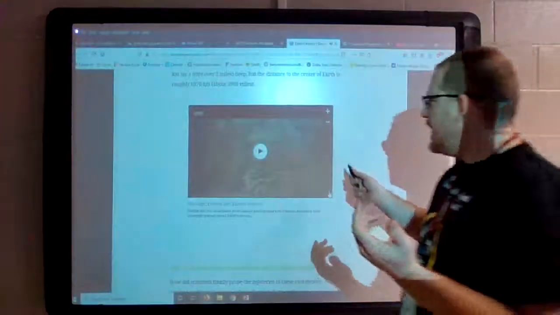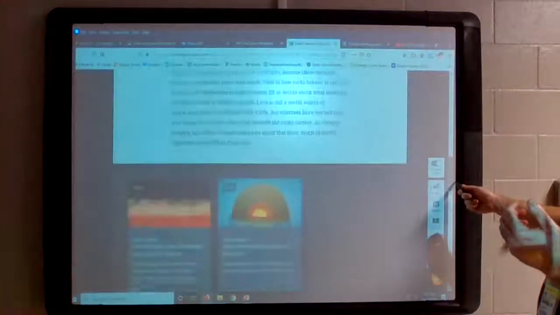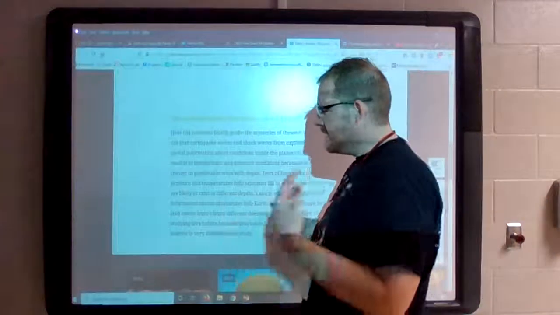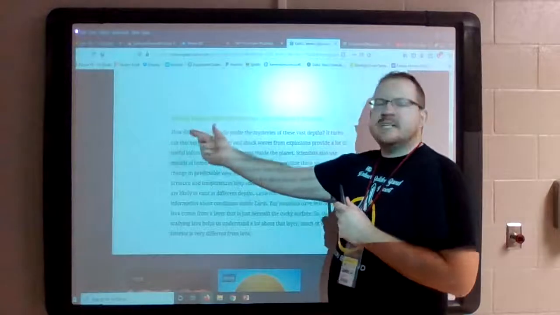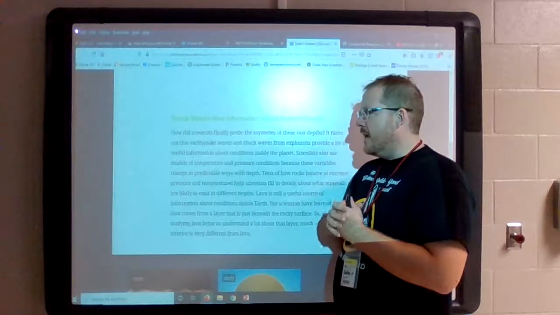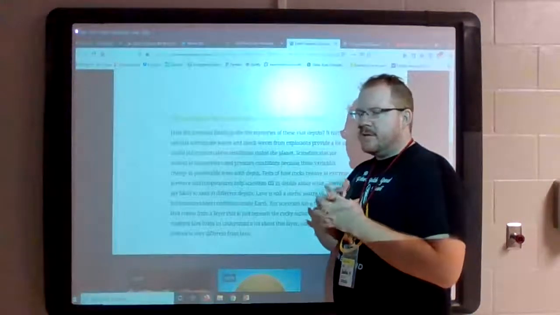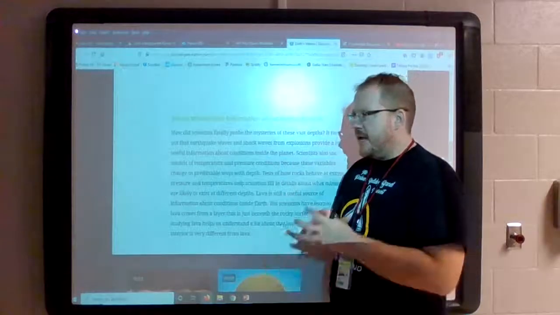So he's just setting up the idea that volcanoes and earthquakes help us peer inside the Earth. And one of the things that lets us do that is seismic waves or shock waves. So when a large explosion happens or when an earthquake releases its energy, they release waves out through the Earth that travel through all the different layers.